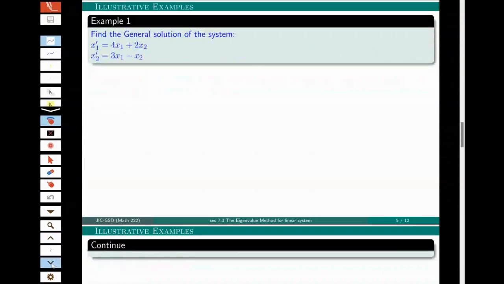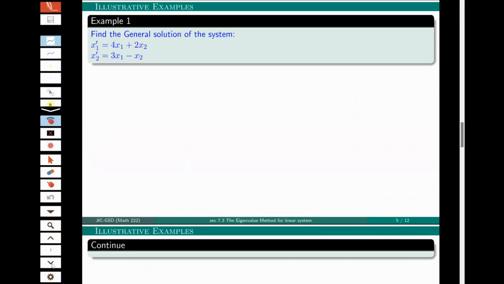Now, let's start our first example about solution of a system using eigenvalue method. First of all, step 1, we write our constant matrix, which is 4, 2, 3, and minus 1.